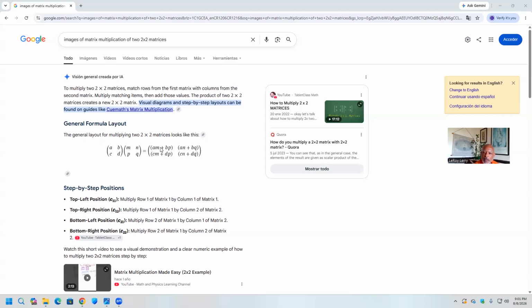So basically, what you're doing is using this element and this element from these 2x2 matrices, and this element times this element to get the first one. And this is what you do to get the other elements of your 2x2 matrix product.